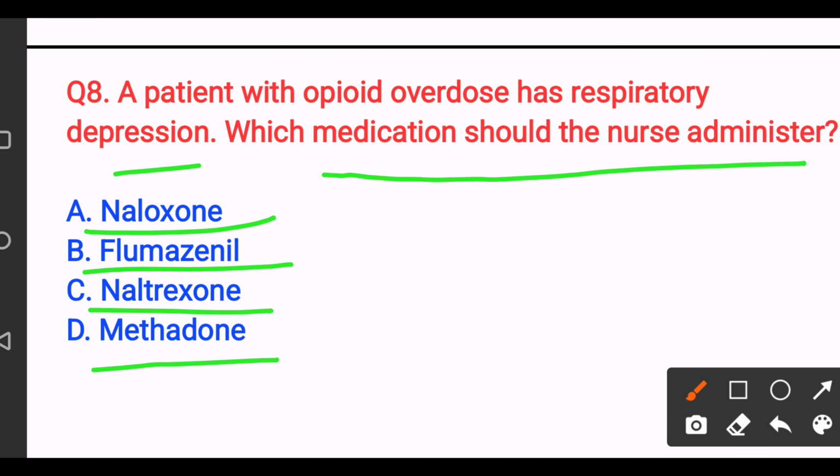The answer is option A, naloxone. For opioids, we already discussed that the antidote is naloxone. Naloxone is a competitive opioid antagonist that reverses the respiratory depression, sedation and hypotension caused by opioid overdose.